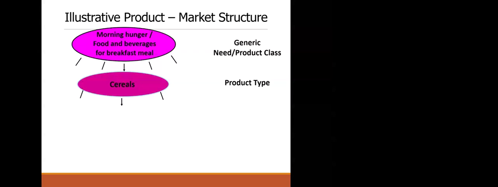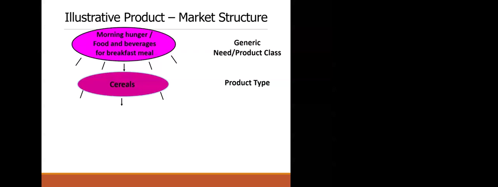So think very carefully about who your competitors are if you are in the cereal space. Obviously, other cereal makers are your direct competitors, but there are also these indirect substitute products that happen to serve the generic need, but not the specific need if somebody wants a cereal for breakfast.